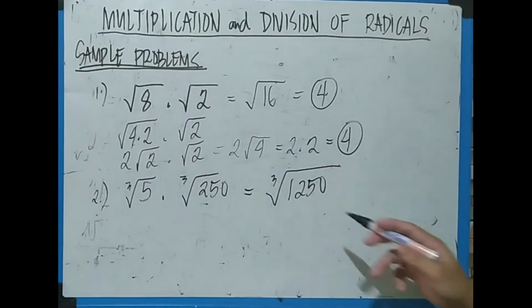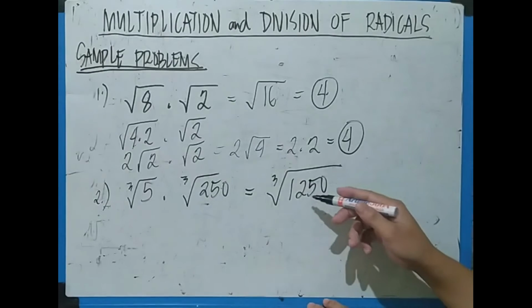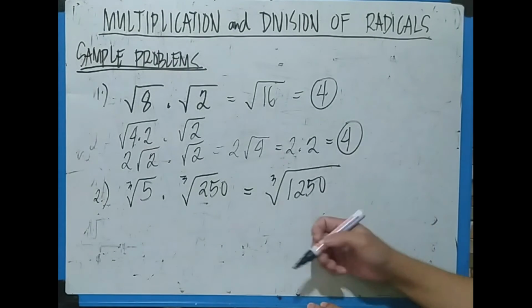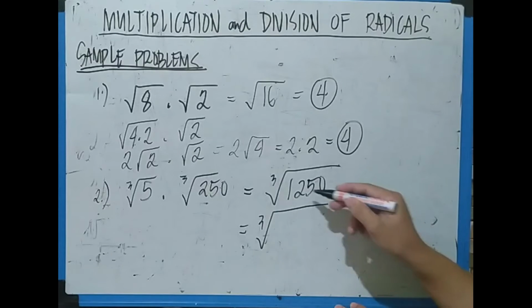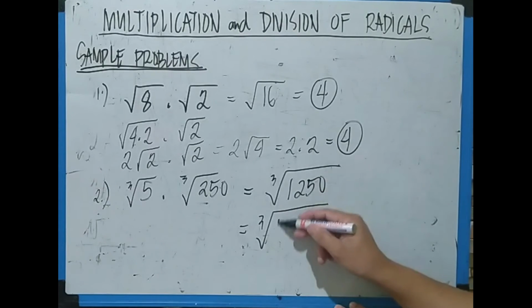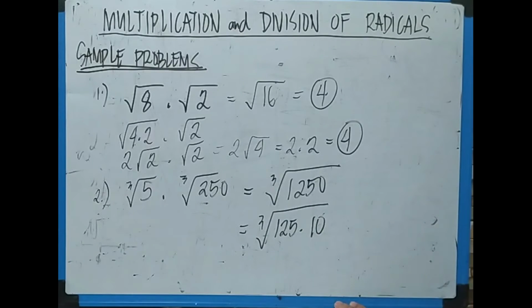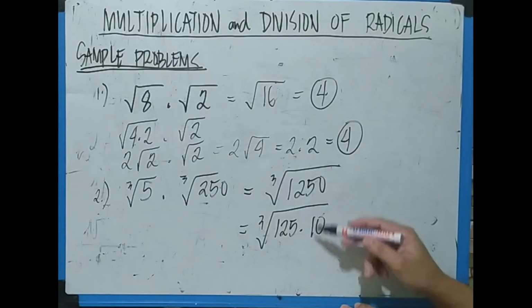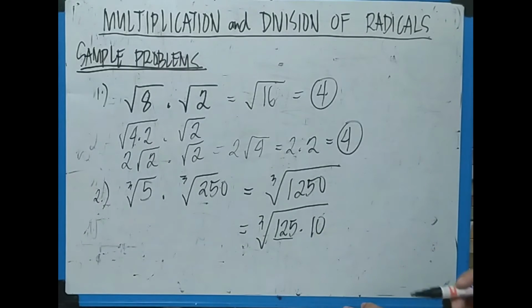So, since 1,250 is not a perfect cube, meaning i-factor out lang natin ang 1,250, we have now, since 125 is a perfect cube, pwede natin gawin din ang 125 times 10. Because 125 times 10 is 1,250. And 125 is a perfect cube.